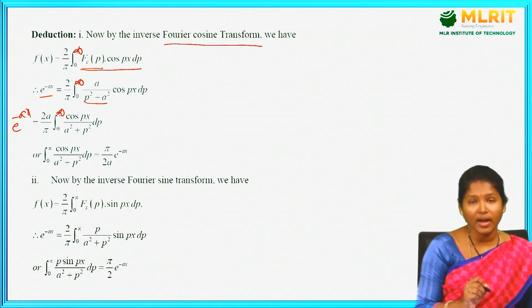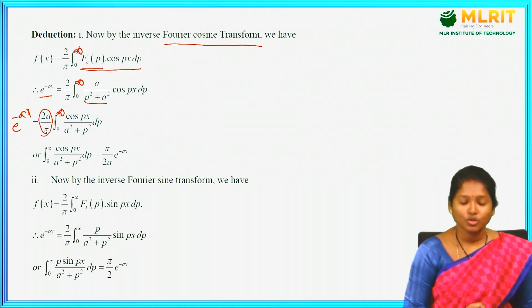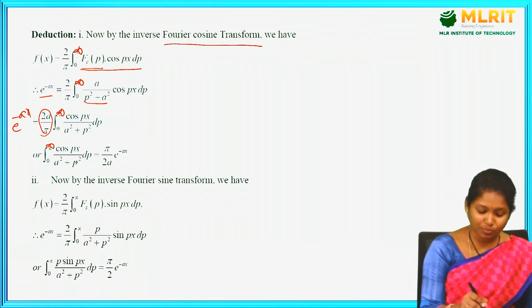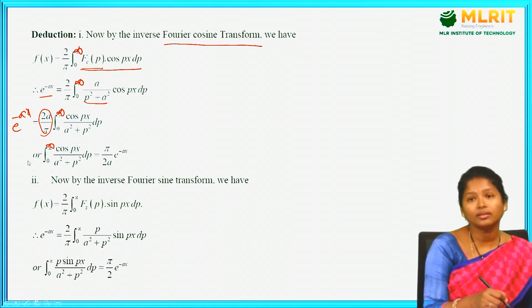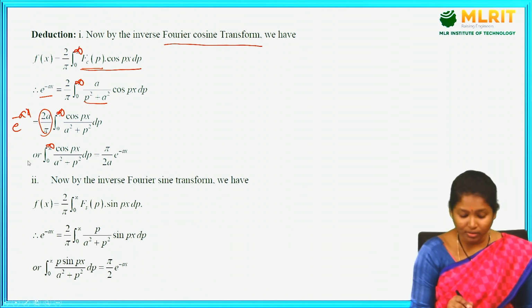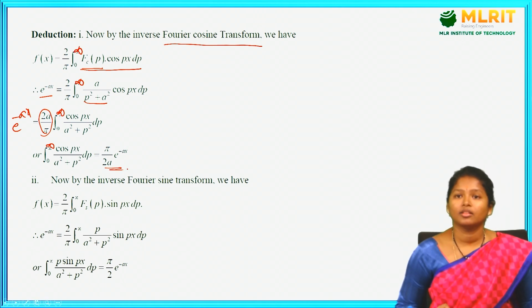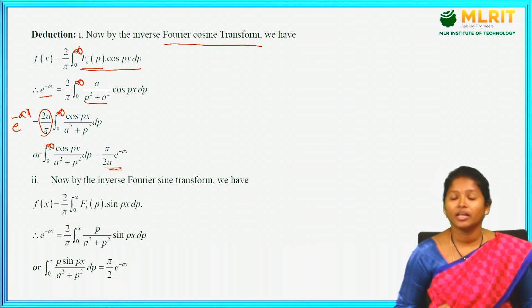So I am taking this constant to the left hand side. I will get integral 0 to infinity cos px by a square plus p square dp as, here it will be reciprocal, so pi by 2a e power minus ax. If they do not mention the deduction, we need not find the inversion. If they mention it, we have to find the inversion also.